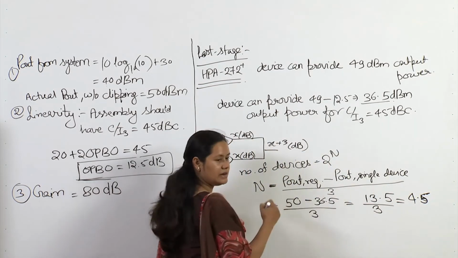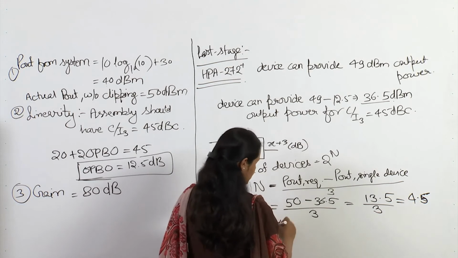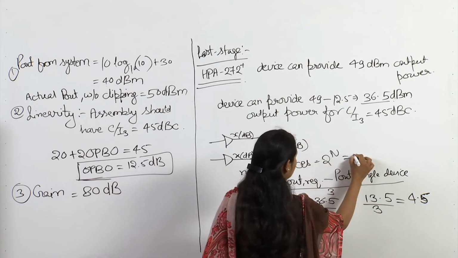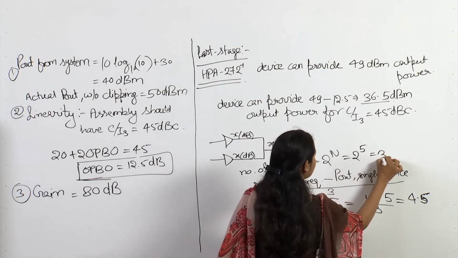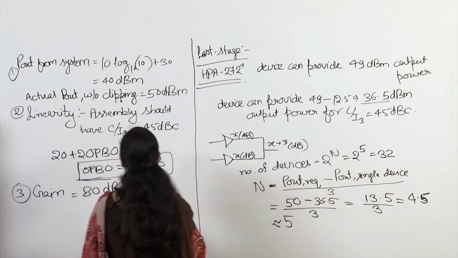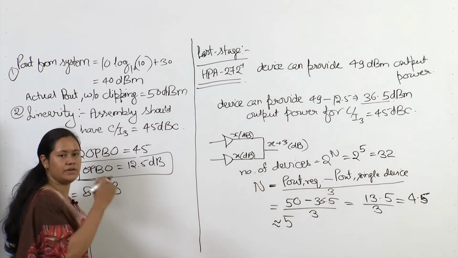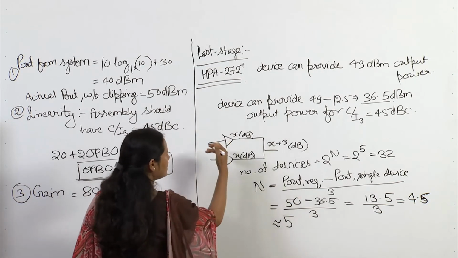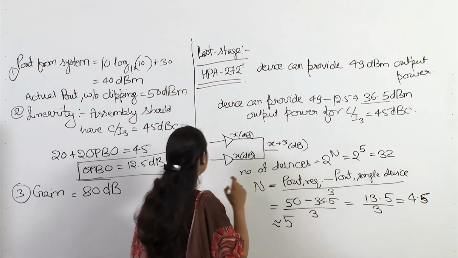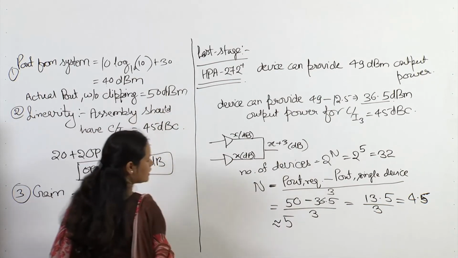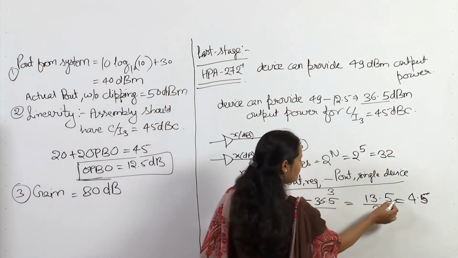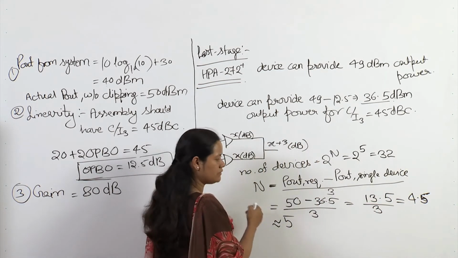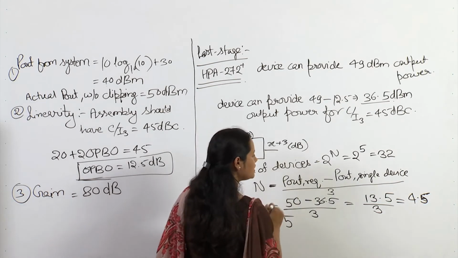Now, n cannot be a fraction, so we will take it to be equal to 5. So, the total number of devices will be 2 to the power 5, or 32. So, for this stage we have to put 32 power amplifiers in parallel, and then we will get our P out, which is more than 50 dBm. Now, we have done one approximation, from 4.5 to 5. Because of that our output power will be something different.